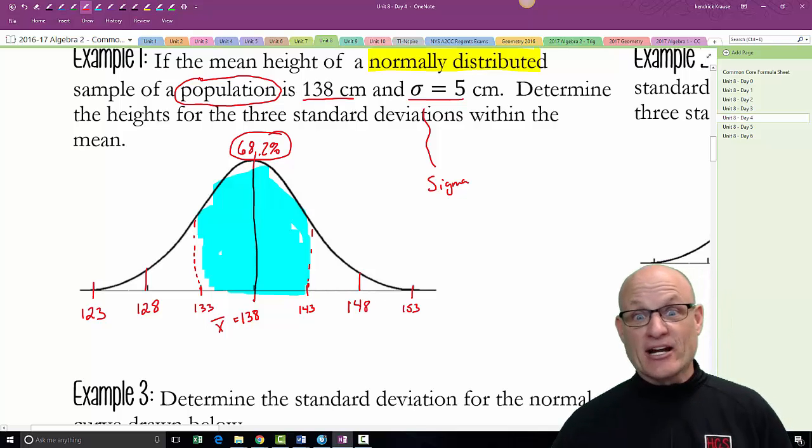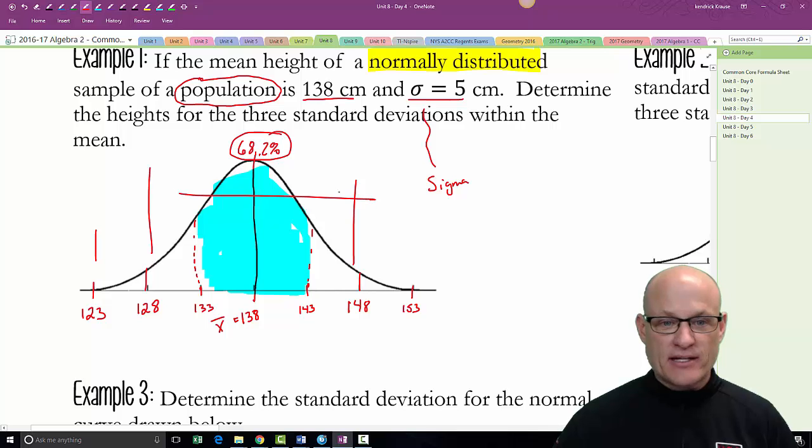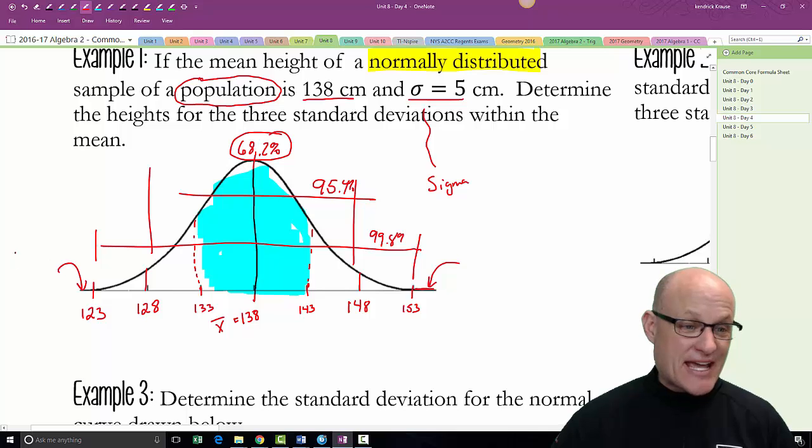Sorry, it looked like a 9 there for a second. And so again, to go 2 standard deviations from here to here, I would expect 95.4%. To go 3 standard deviations out, I would expect 99.8%. And then anybody way out here on what's called the tails would be an outlier.